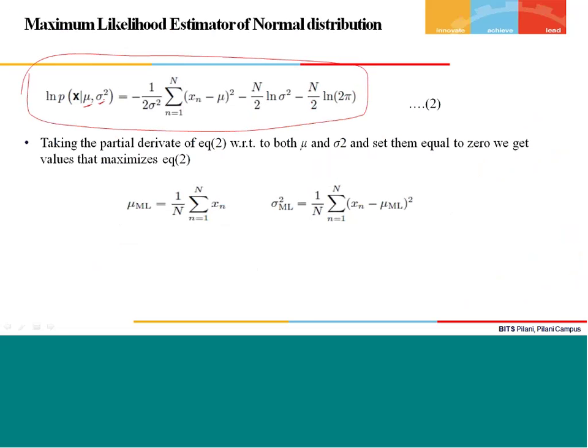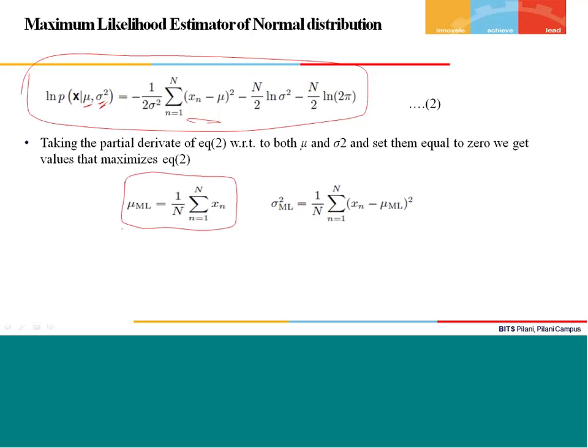You differentiate this expression with respect to mu, set it to 0, and find the value. Then you again take this expression, take the derivative with respect to sigma square, set it to 0, and find the value.